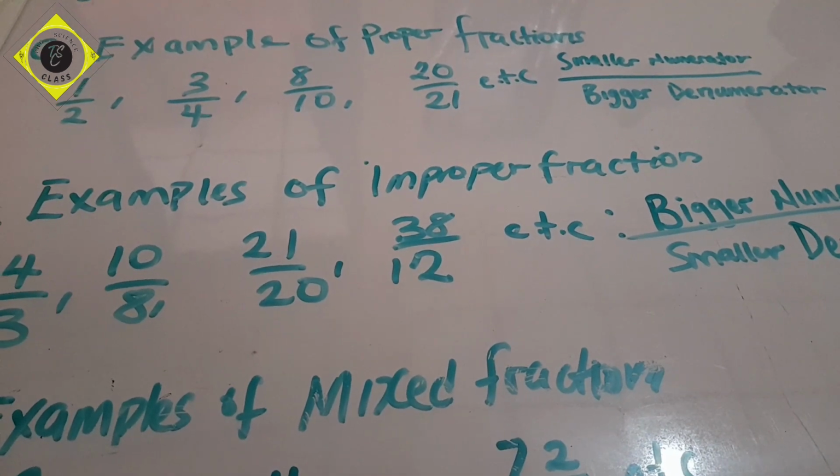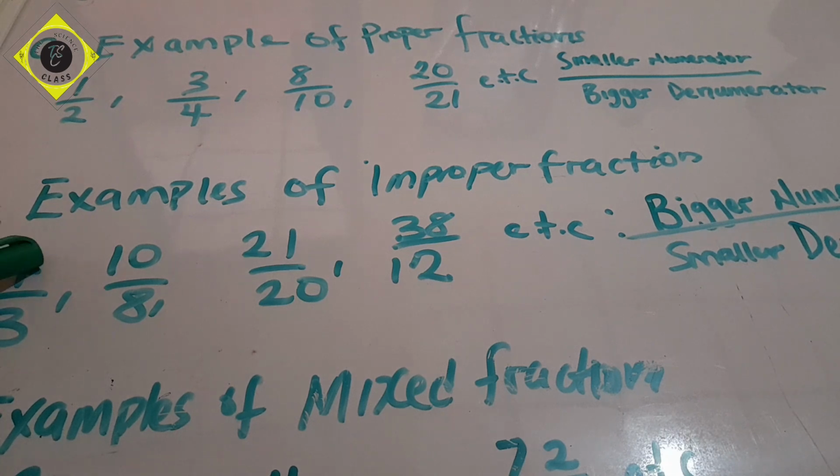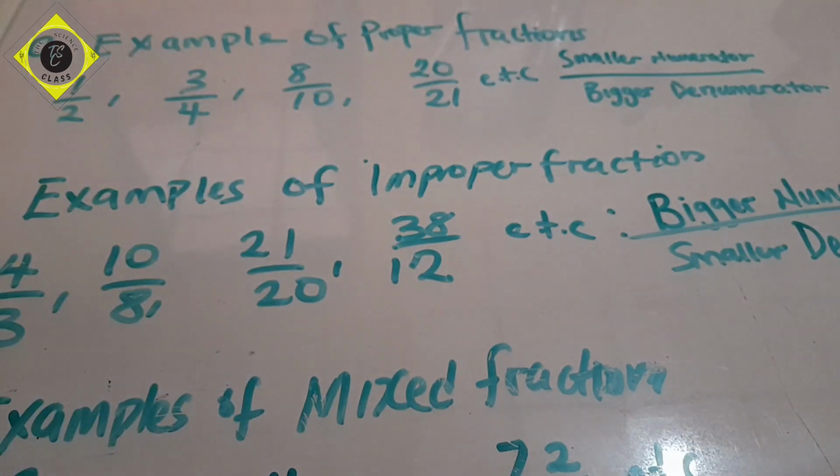The next type of fraction is the improper fraction. In this type of fraction, we can see that the numerator is bigger than the denominator. So 4 is the numerator, 10 is the numerator, 21 is the numerator, 38 is the numerator, and it's actually bigger than the denominator, which is 3 here.